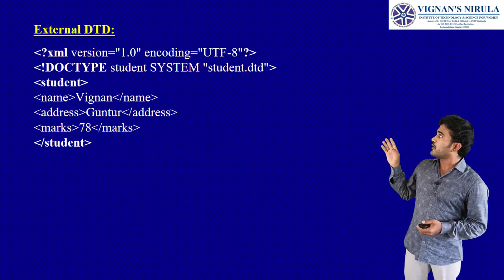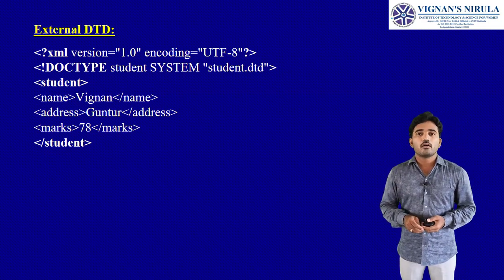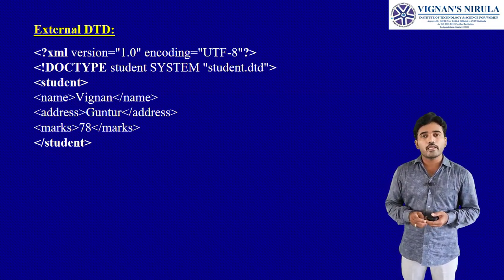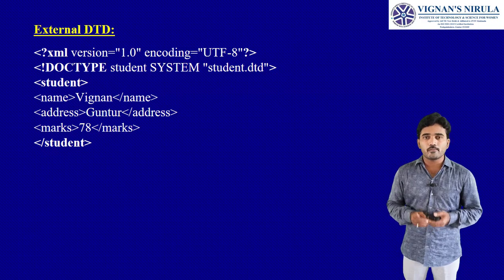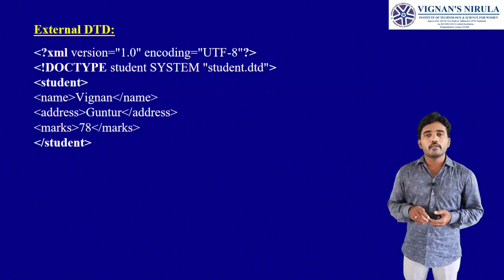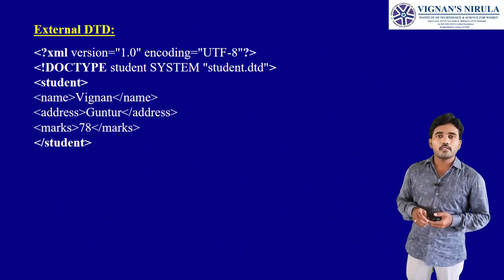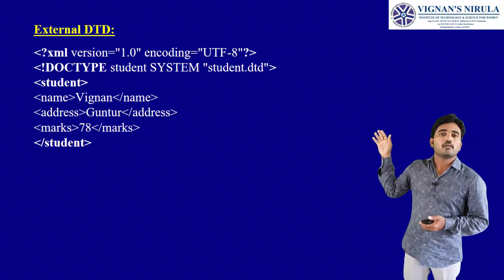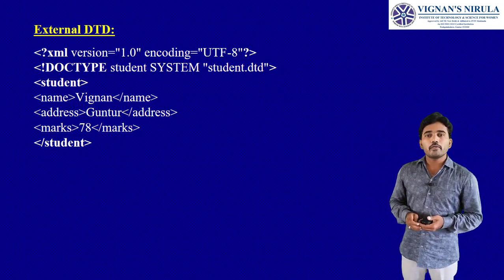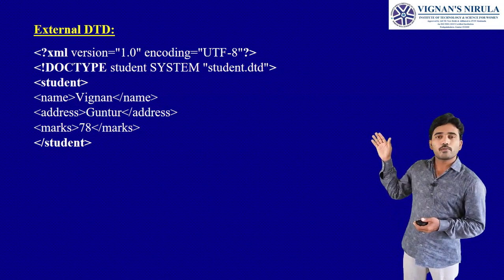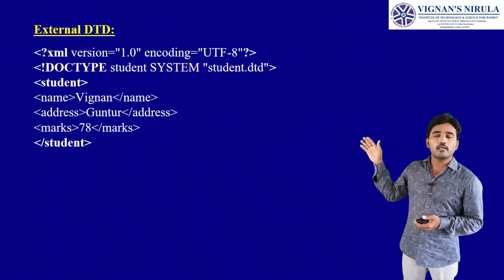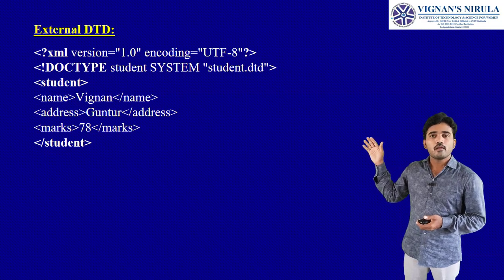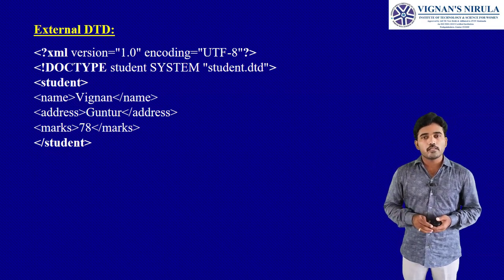So this is the way you write the internal DTD. Coming to the external DTD now, whatever DTD you want to write, you must write it in a separate file, and you have to save that file with the extension .dtd. That student.dtd file is used as a reference here. So here we have written a DOCTYPE for the student element, and write SYSTEM in uppercase followed by student.dtd.